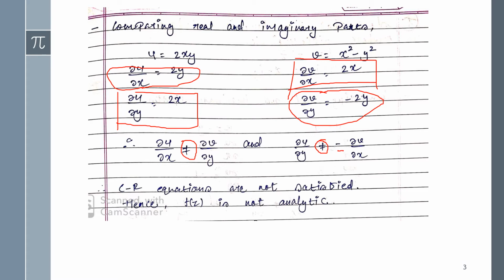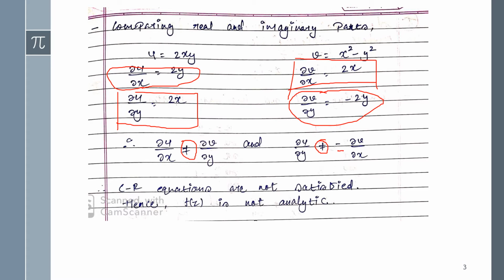If the CR conditions are satisfied, then we can say that the given function f of z is analytic. And from now on, in all the examples we will use a similar formula. Again repeating, to check whether a function is analytic or not, you have to apply the CR conditions.